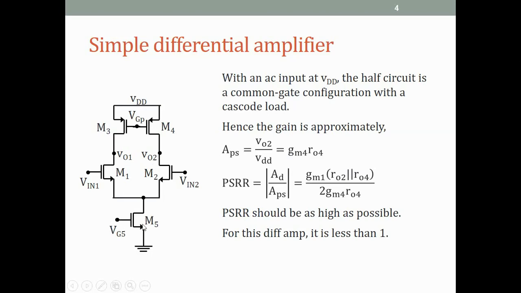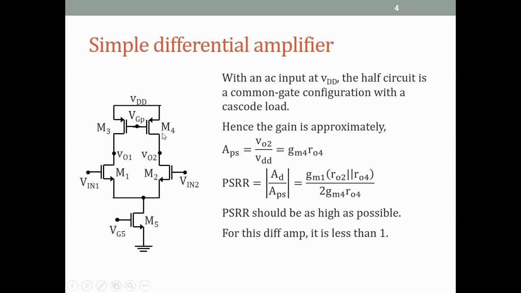M5 will divide into two transistors of half the width of M5. So if we look at only M4, M2, M5, and the input is applied at VDD, and of course V1, V2 and VG5 are DC voltages, so in AC they'll be at ground, then what is this configuration?